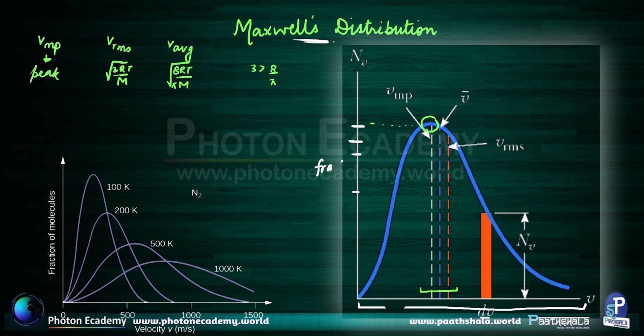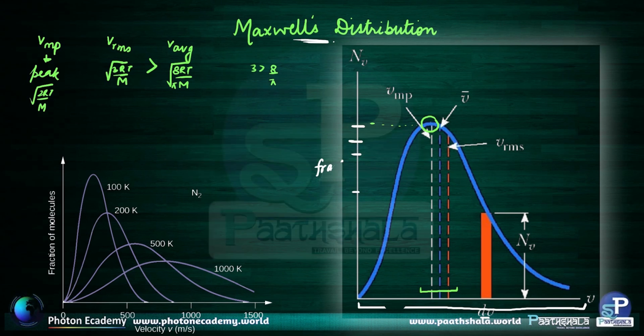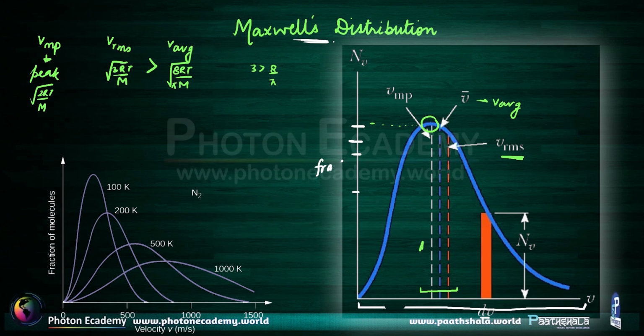So therefore V RMS should be greater than V average, and V most probable was root 2RT by M, and it is the smallest of the three. So therefore the white one represents V most probable, followed by the blue one, which is V average and is represented as V bar, followed by the orange one, which is V RMS. So this is the representation of all the three speeds on the Maxwell's distribution.